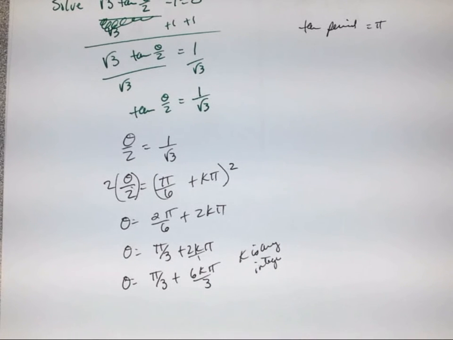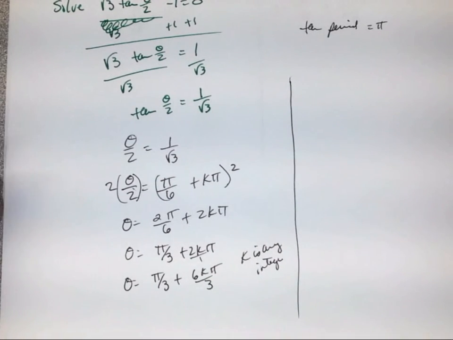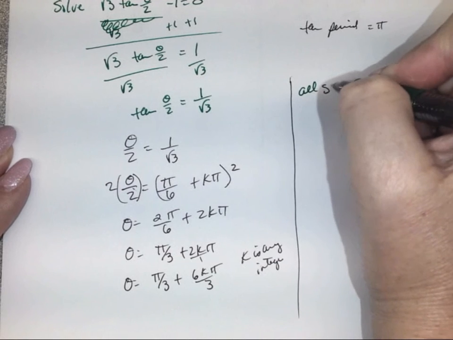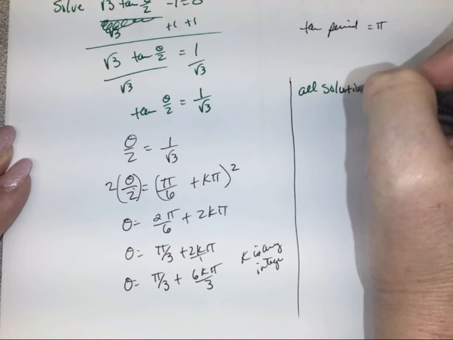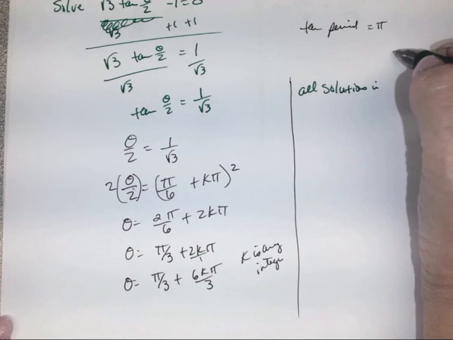We want to find all solutions in 0 to 4 pi. So I'm going to solve that right over here. So we want all solutions in 0 to 4 pi.